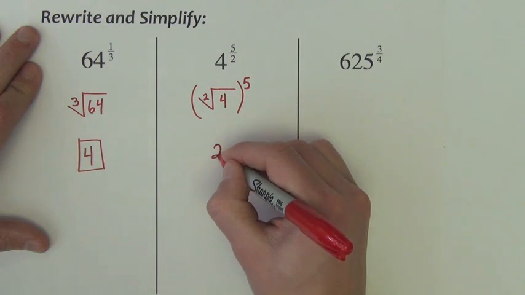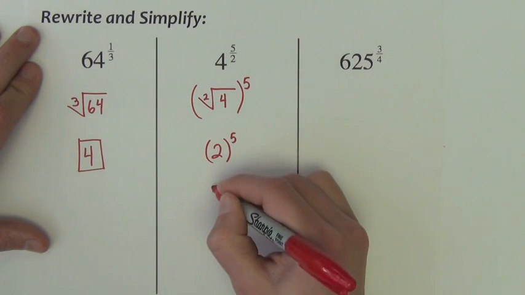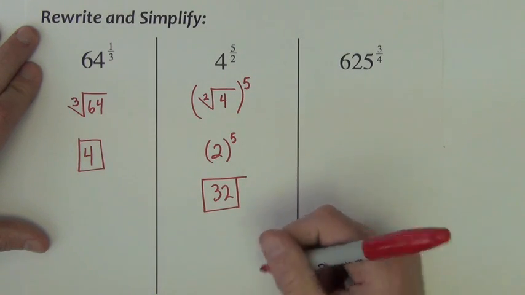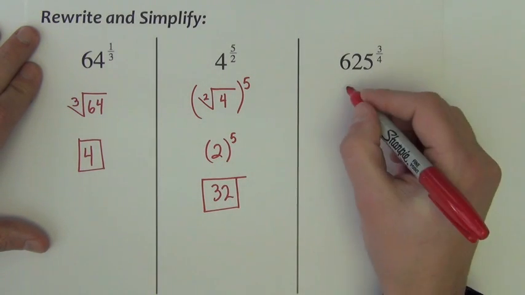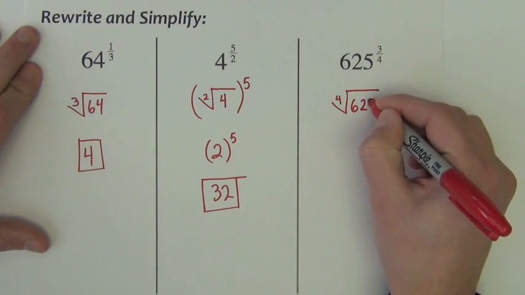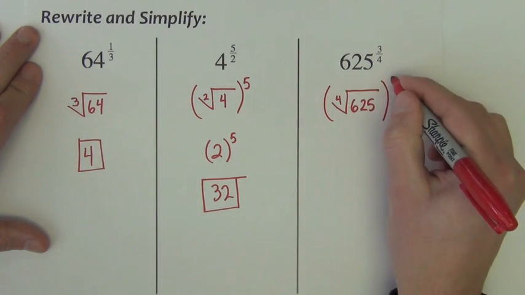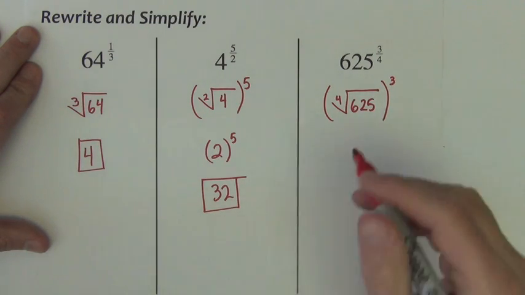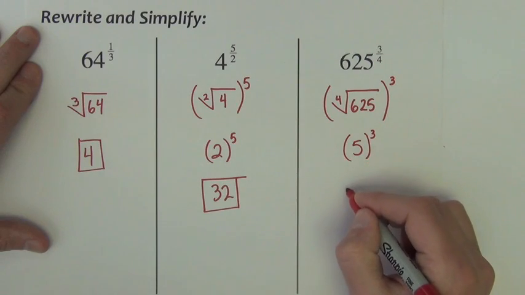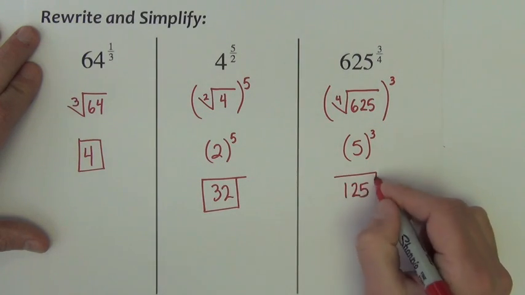Square root of 4 is 2. 2 to the 5th power is 32. And 625 to the 3/4 power is the 4th root of 625 cubed. 4th root of 625 is 5. 5 cubed is 125.